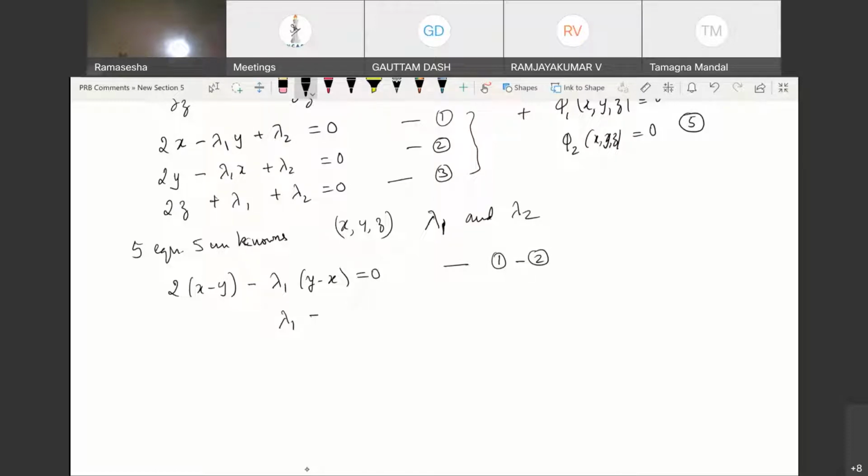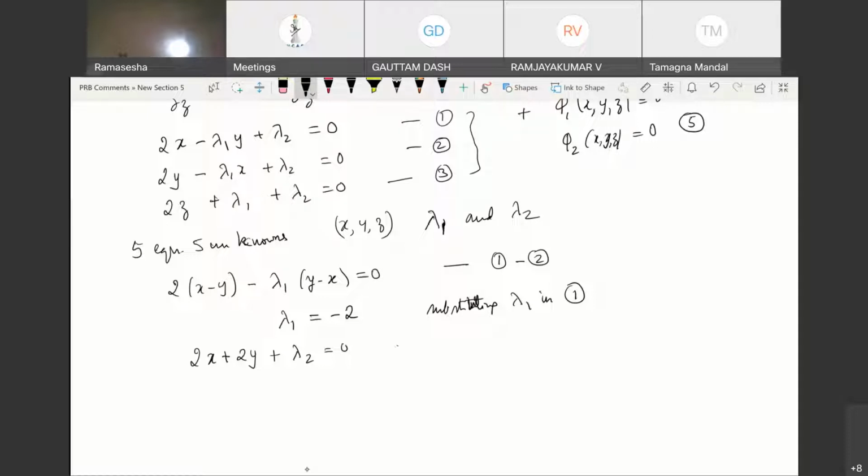I substitute this value: 2x plus 2y plus lambda 2 equal to 0, or lambda 2 is equal to minus of x plus y.